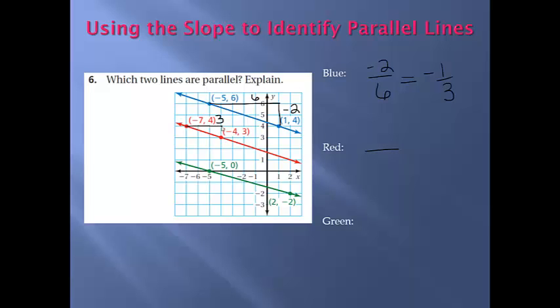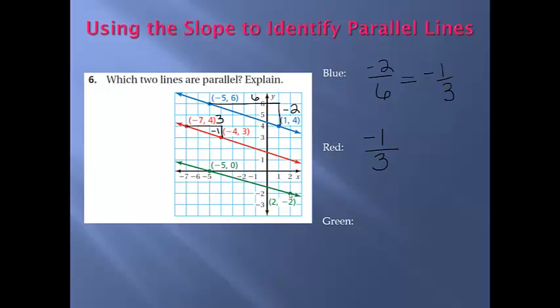And then we're going to go down 1, which is -1. So when we go over 3, that is our run. That was the bottom number. And then we went down 1, which is -1. That was our rise. So we did our rise over run. So for the red line, we have -1/3.